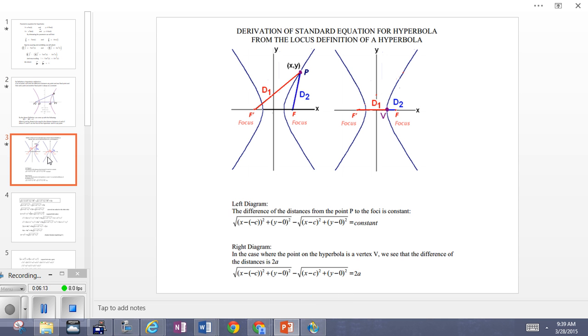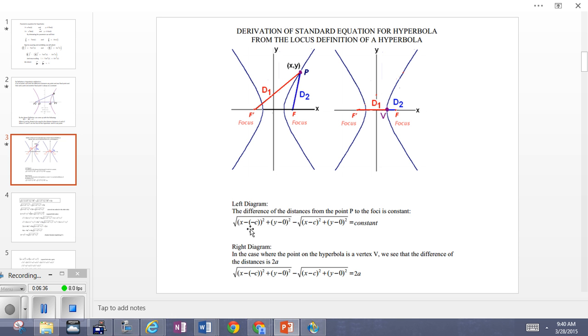So on that basis, we're going to go through our derivation of the equation of a hyperbola. Here's the same thing right here, all locked up nice and pretty. Here's the same argument over here, that distance is a constant.